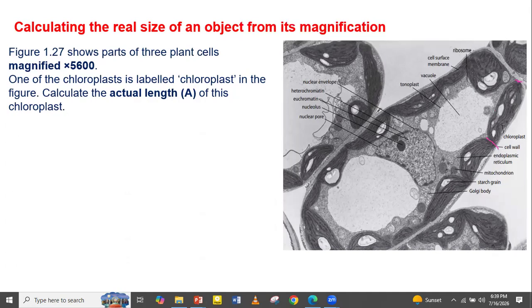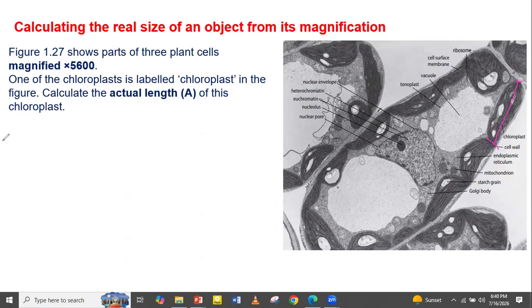I'm going to place my ruler like this, along the length of this chloroplast, so that you get the longest length, since they haven't dictated where you have to measure from. So assuming you measure that length, the chloroplast is 4 centimeters.